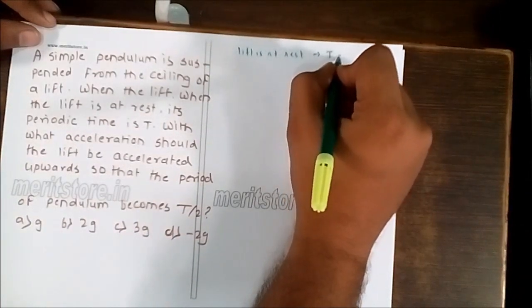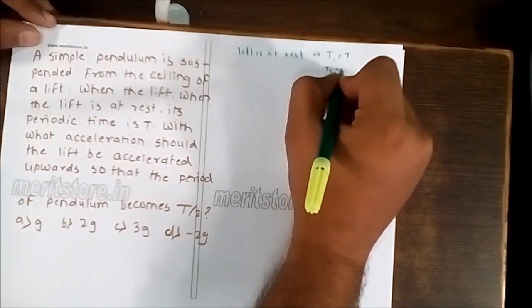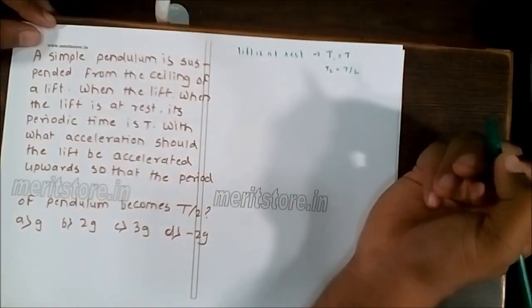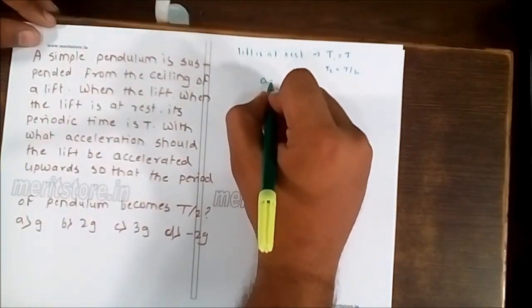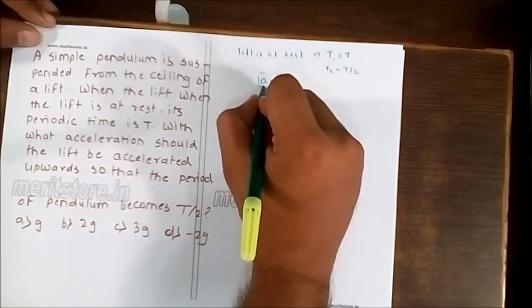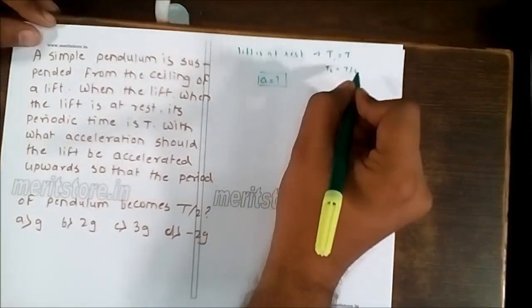So I would say T1 is equal to T and T2 is equal to T by 2, and we require the acceleration to be given to the lift so that T becomes T by 2.